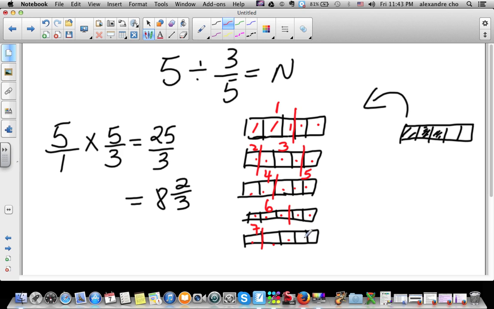And 1, 2, 3, there's something wrong. Oh, that's 8 times. So you can fit those 3 8 times, and guess what? You can fit one more piece, which is this one over here, 1 out of the 3. There's nothing wrong. I just made a mistake on this side. 3 goes in 25 8 times, which is 24, 1 left over 3, which is exactly what we had here on the picture.